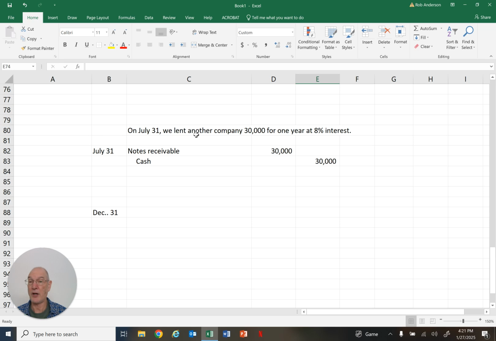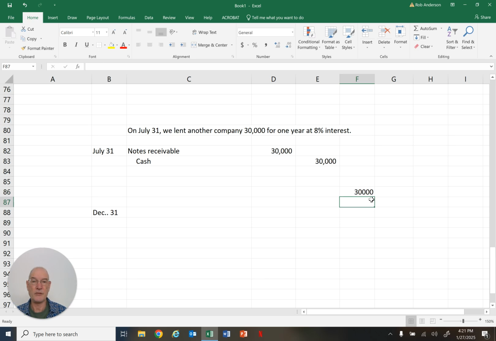So we have to figure out how much interest we earned for 1 year. Now, we lent this money July 31. So let's first figure out how much a full year of interest is going to be. So the amount was $30,000.